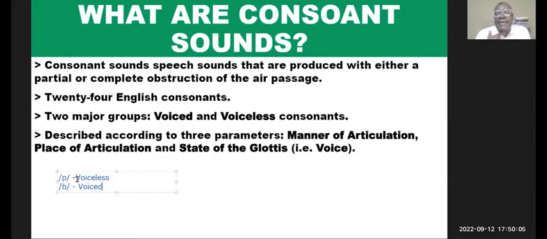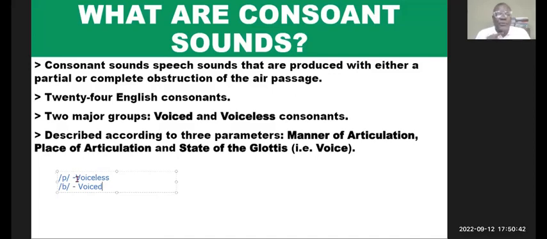Touch your Adam's apple, just use one of your fingers. The Adam's apple is the outward structure of what is called the voice box. It is within here that you have your voice box. That is where voice is produced.